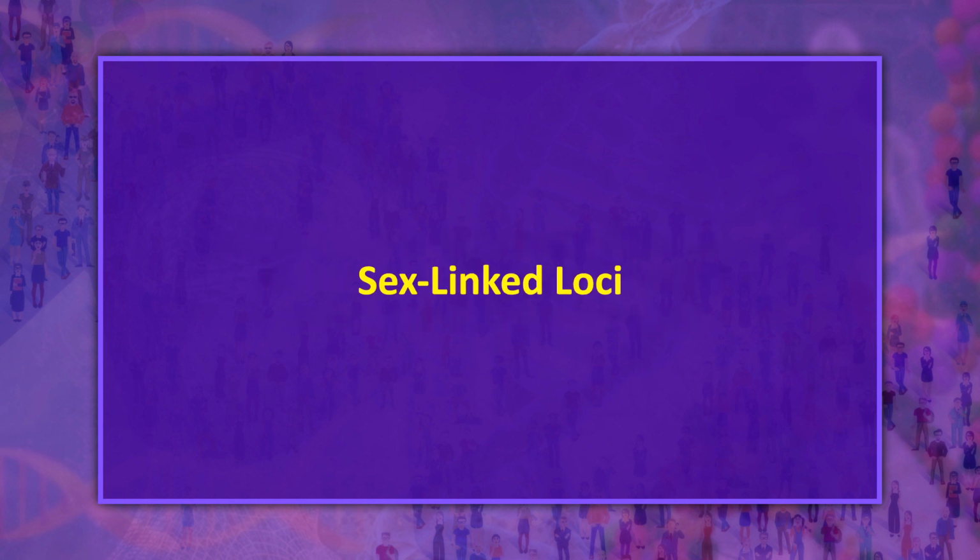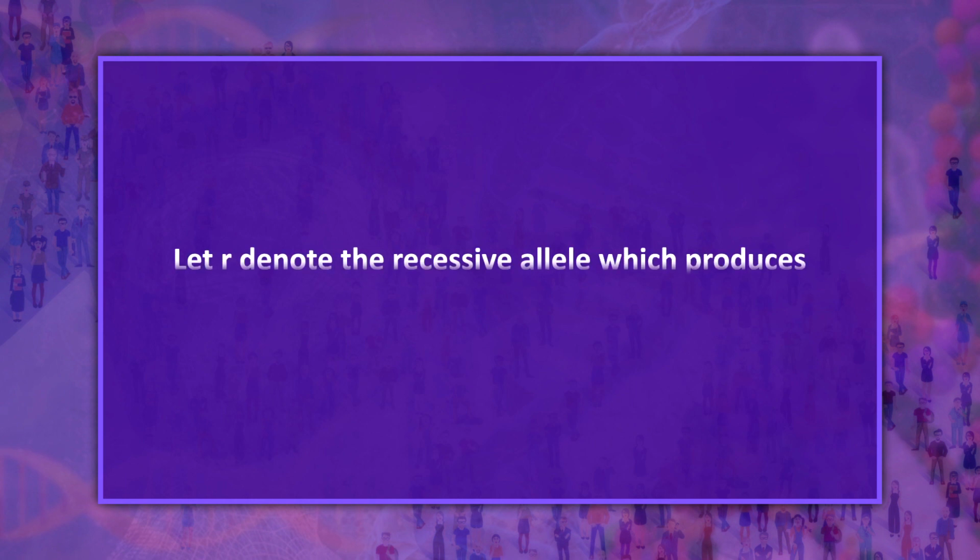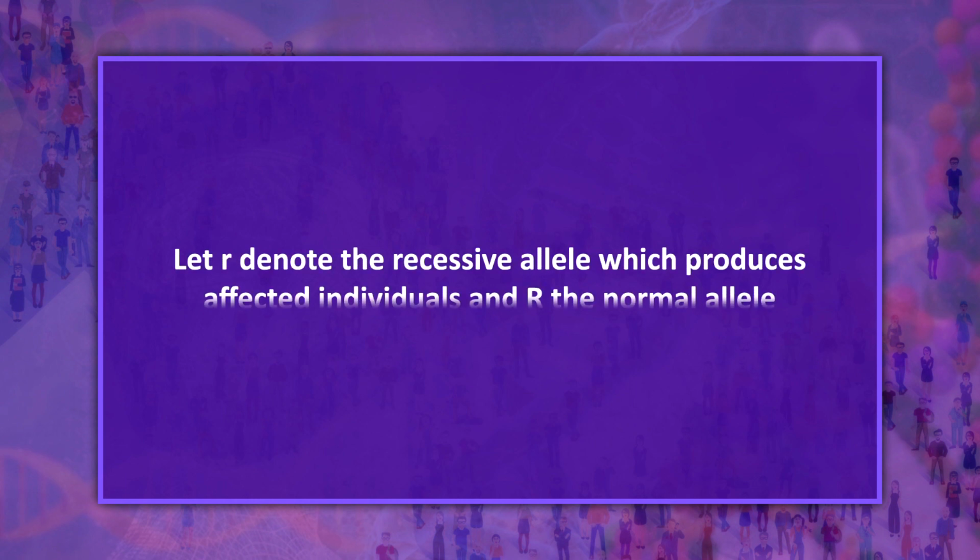Dear students, let's now discuss the sex-linked loci. It is possible to apply the Hardy-Weinberg law for calculating gene frequencies in the case of sex-linked loci in males and females. Red-green color blindness is a sex-linked recessive trait. Let small r denote the recessive allele which produces affected individuals and capital R the normal allele.